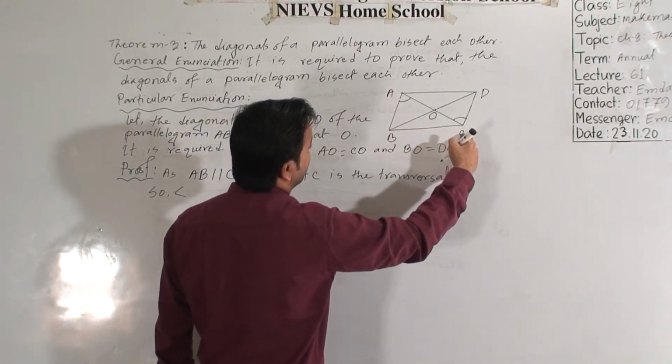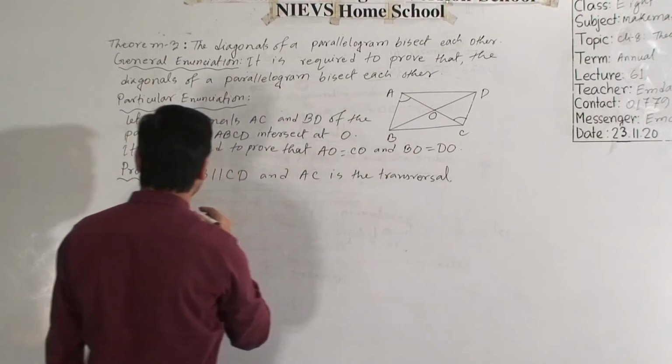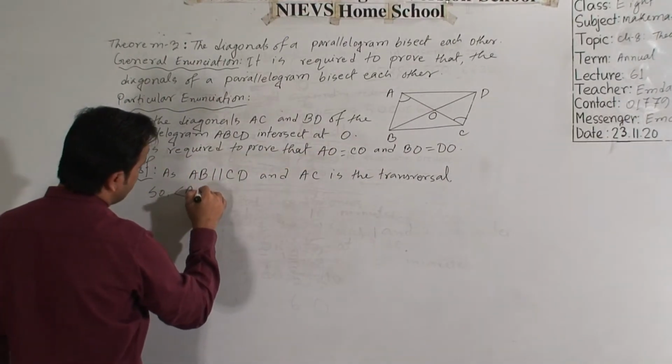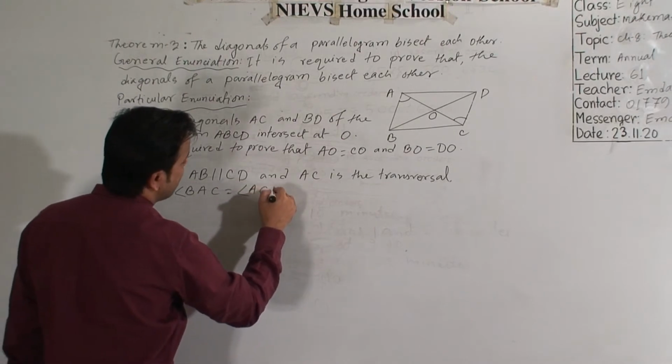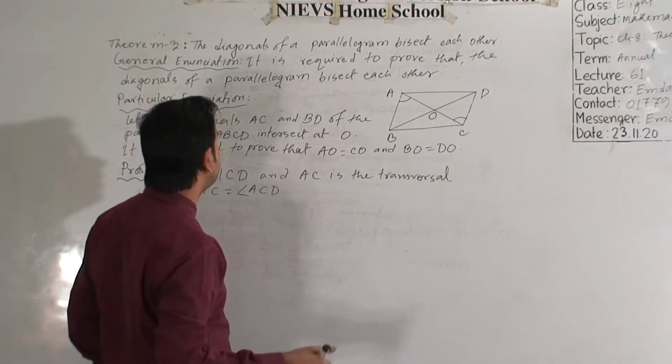Angle BAC is equal to angle ACD. These two angles are equal.